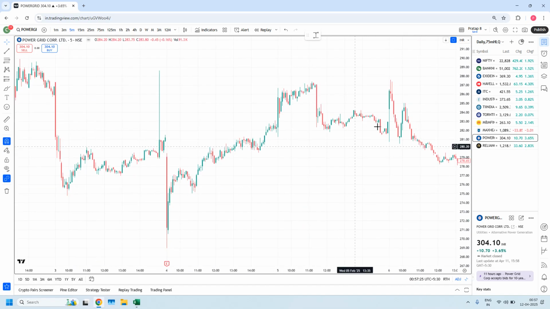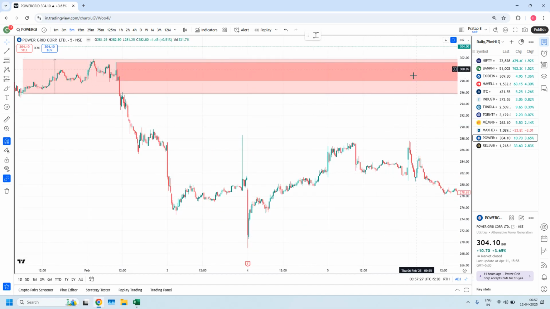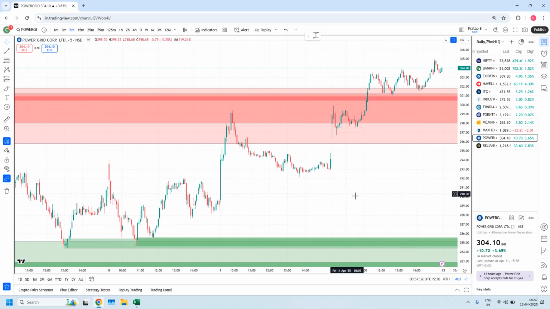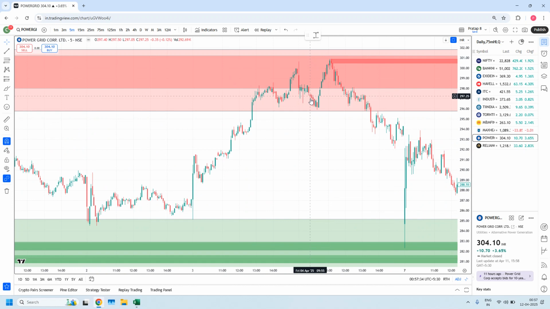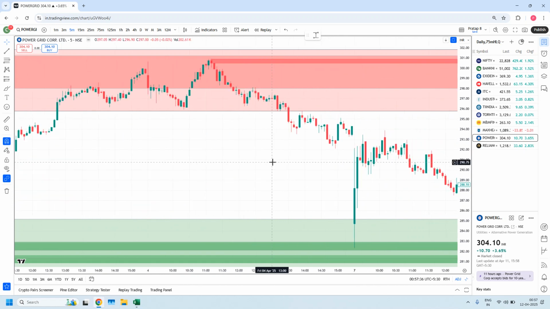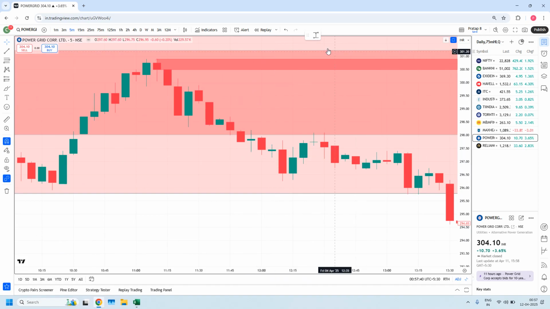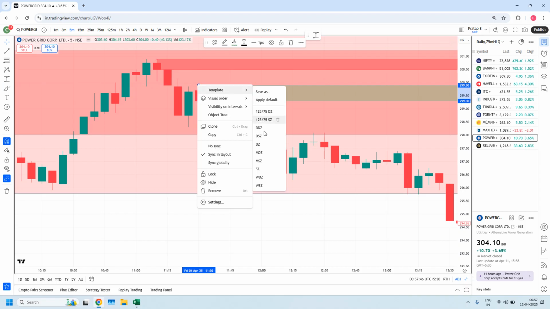But in recent time, new 5 minute zones are created inside this 15 minute zone. See, recently prices moved up to here. And here new zones are created. Actually 2 zones are created. Inside the 15 minutes zone, 5 minute supply zones.